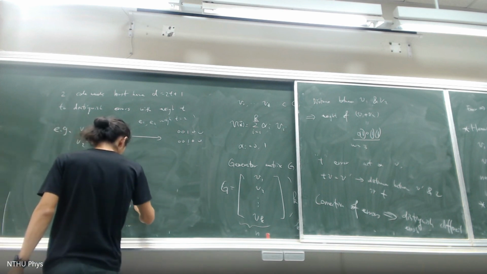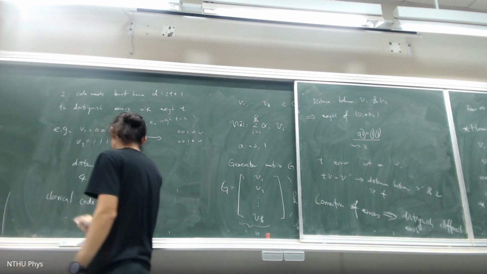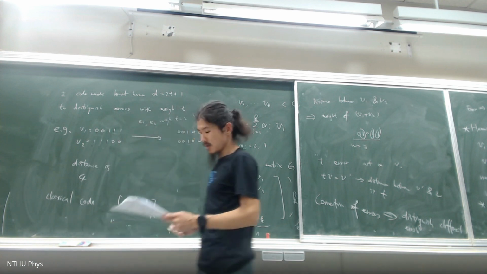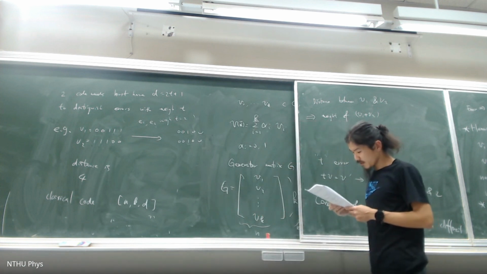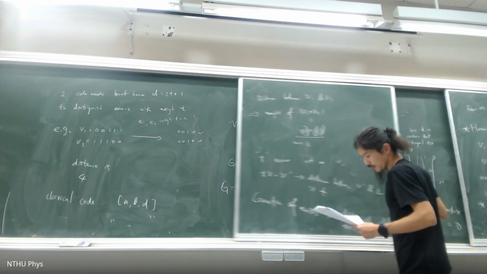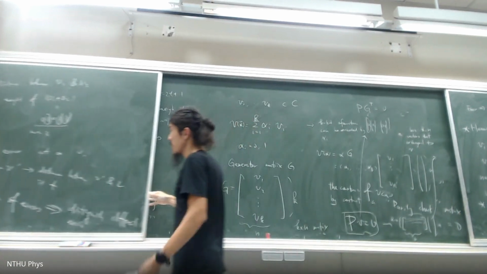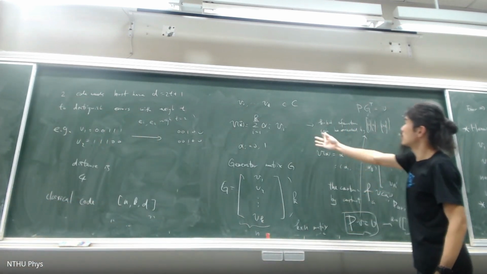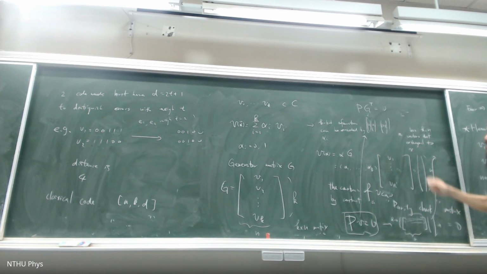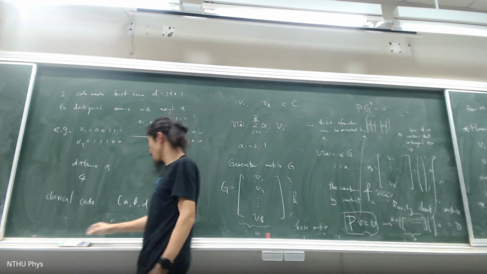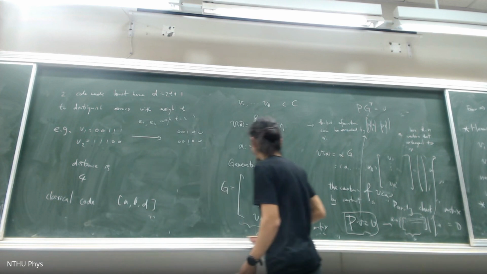The quantum version is just with double brackets. So with this definition, we can try to use this classical linear code formalism to see why we can correct errors and how we should correct them.